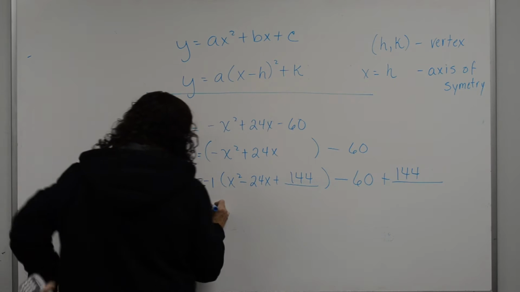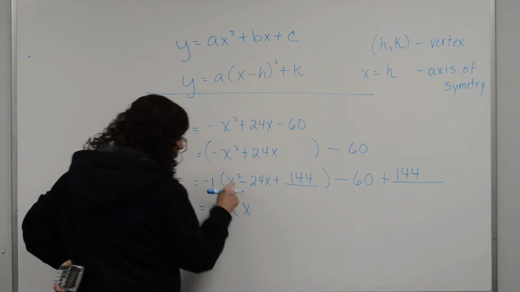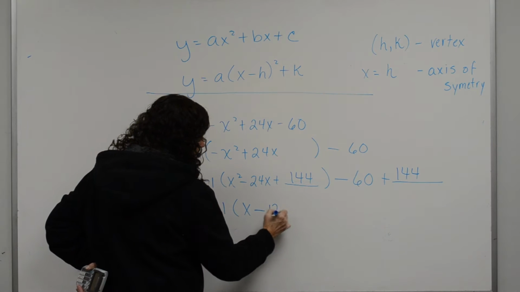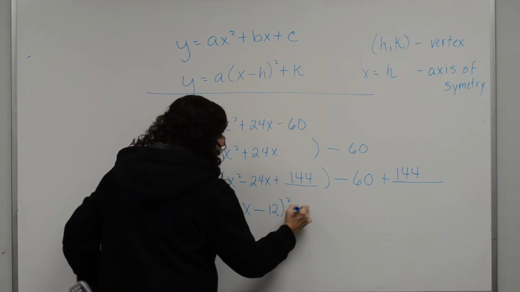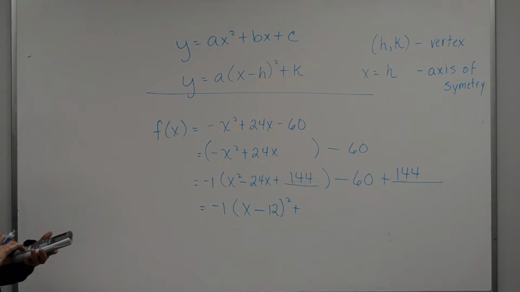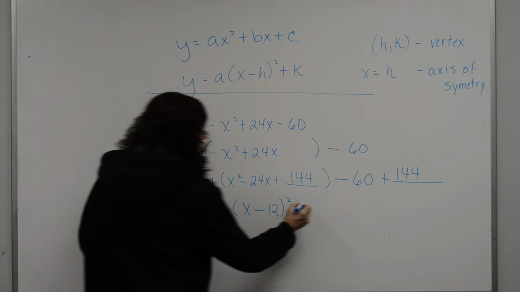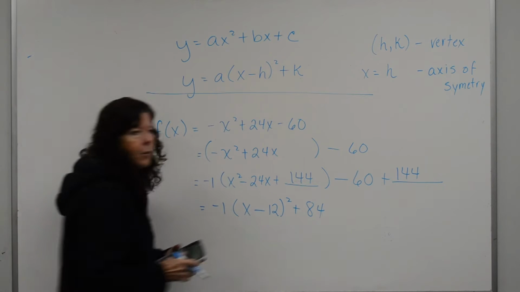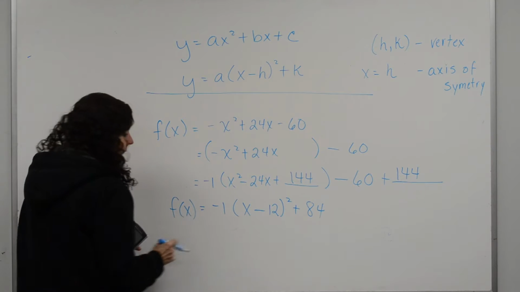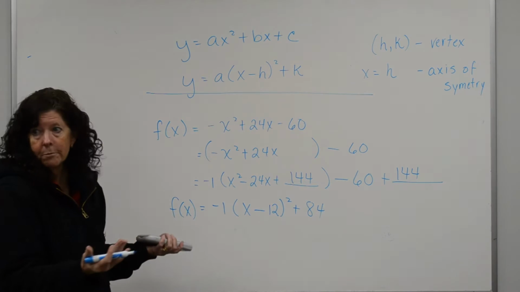So then I turn around and I factor this. And remember the square root of that sign, square root of that, squared. And then if I take 144 and add a negative 60 to it, I'm going to have a positive 84. That right there is in my right form.